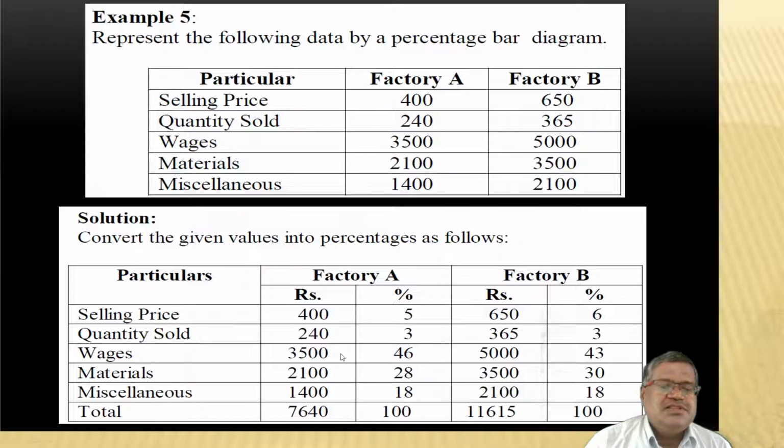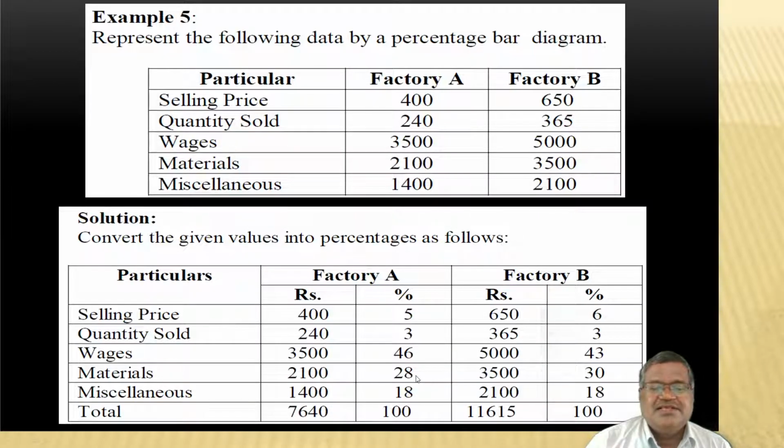So in the total of all items, the percentage of selling price is 5% here, quantity sold is 3% here, wages is 46% here. Similarly, for factory B also, we can easily compare. The wages in factory A is more than factory B.